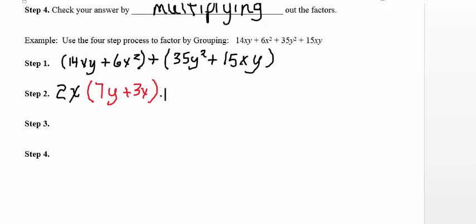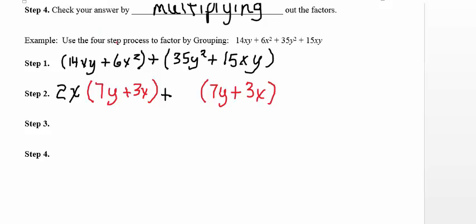Alright, now if this is going to work, I want to factor the GCF out of the last two terms that multiplies with 7y plus 3x.